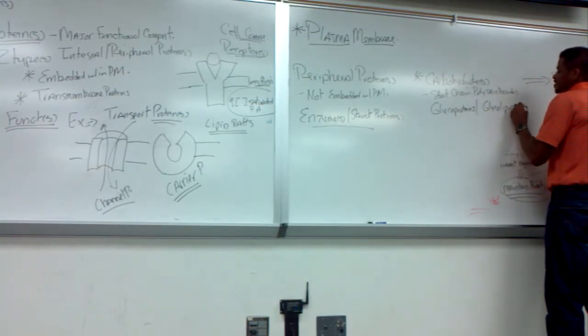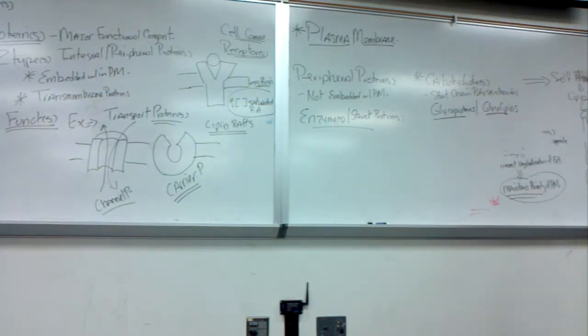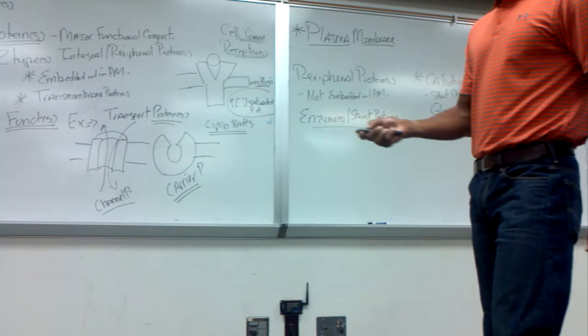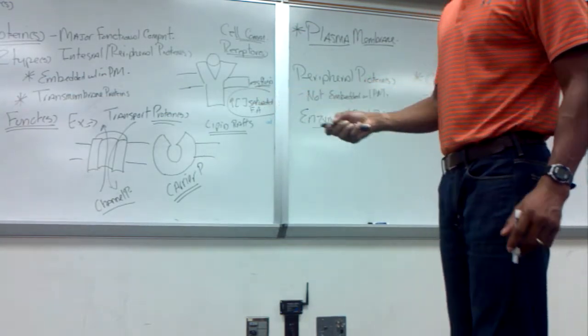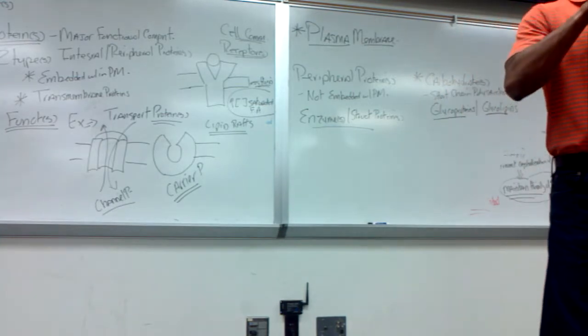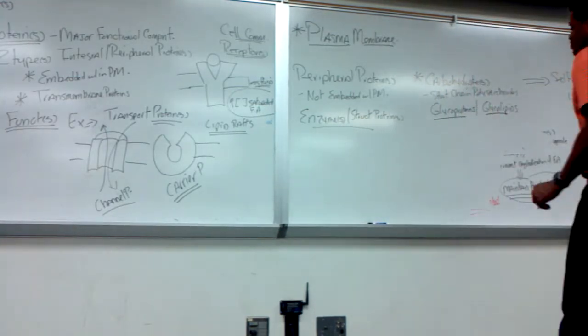Complex with lipids and proteins associated with the plasma membrane to form the glycoproteins, to form the glycolipids. The carbohydrate component of the plasma membrane is asymmetrical. It's only exposed to the extracellular phase.